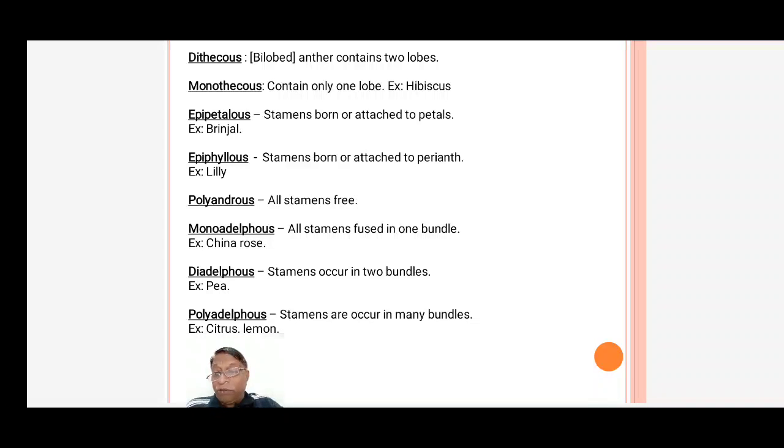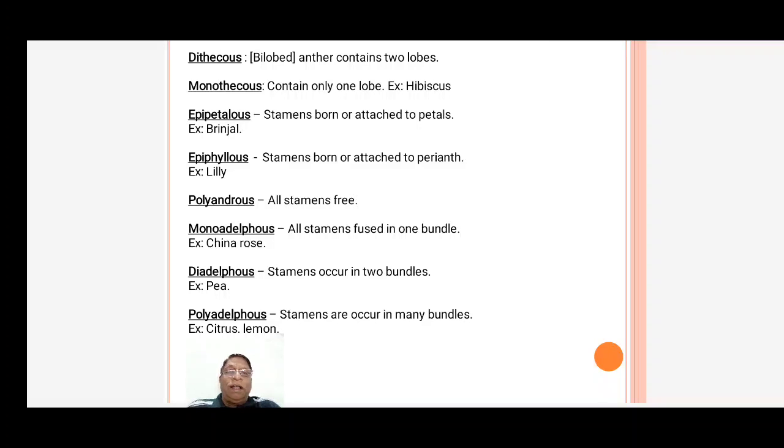Monoadelphous stamens. Mono means single. If all the stamens are fused in one bundle, then we call them monoadelphous stamens. Very important term for NEET examination. Example, China rose, cotton plant.